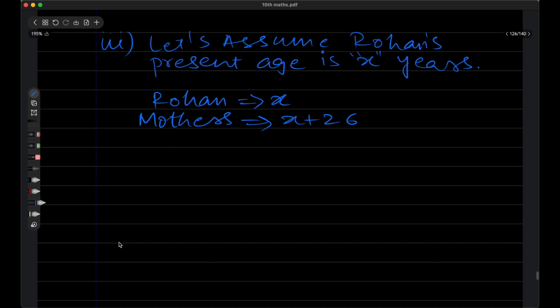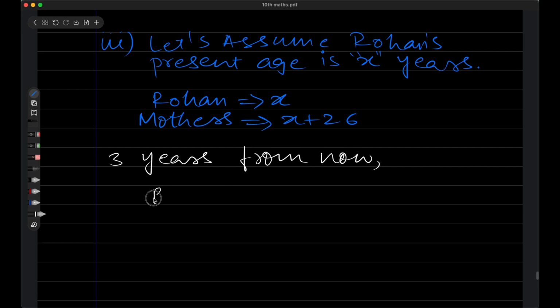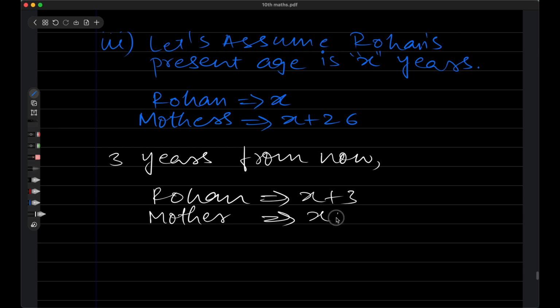So 3 years from now, the age of Rohan will be x plus 3 years. The age of his mother will be x plus 26 plus 3 years, that is equal to x plus 29 years.